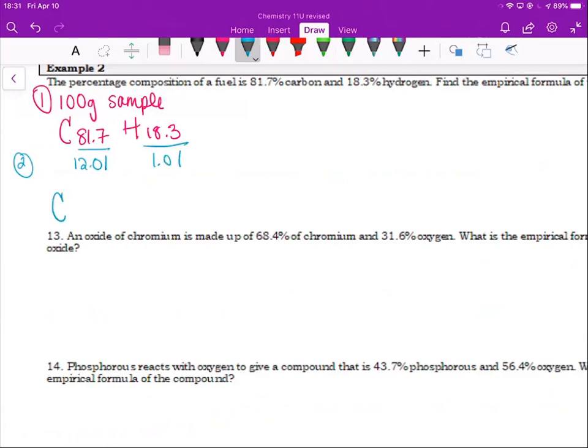The mole ratio, so 81.7 divided by 12.01 is 6.80. And hydrogen, it's going to be 18 and change. And I get 18.12. Okay, so do you remember what the third step is? The third step is divide by the lowest number.